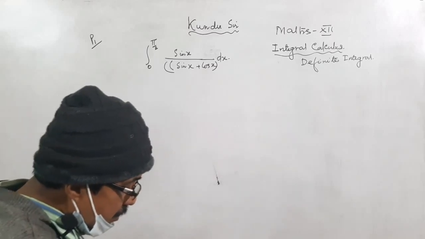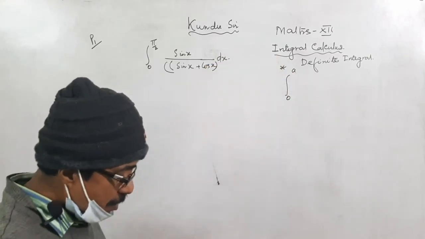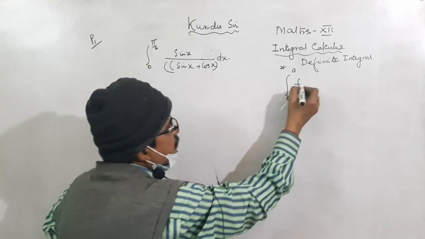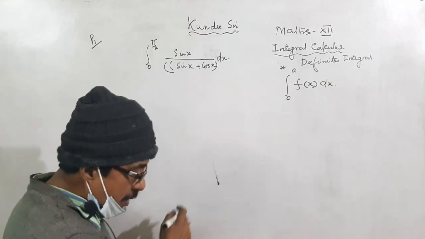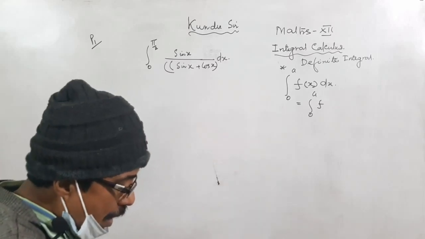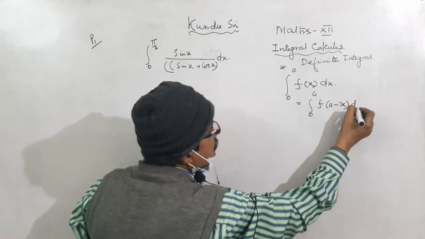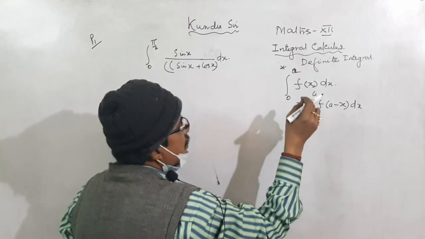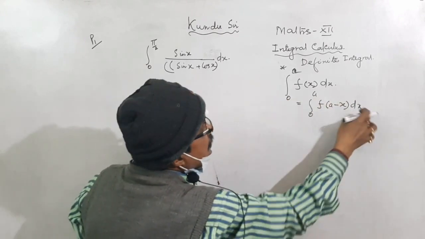We know the integration from 0 to a of f(x) dx can be written as the integral from 0 to a of f(a minus x) dx.